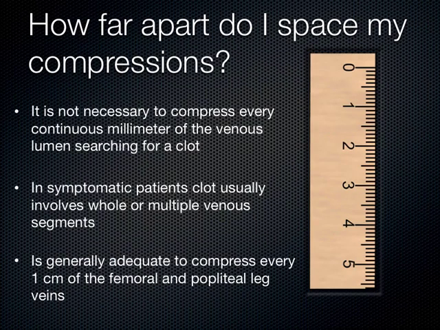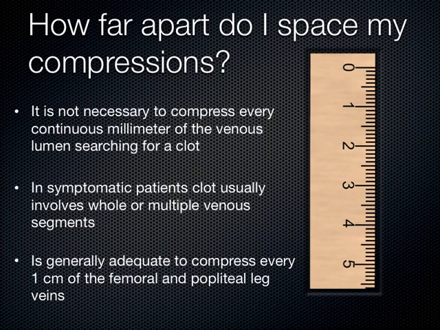So when you go down the leg, you're wondering to yourself, how far apart do I space my compressions? Do I go every single millimeter, or is it okay to skip a centimeter? It turns out it's okay to skip and just do 1 centimeter increments going down the leg. So I start really high up in the inguinal region, at the inguinal canal, as high as I can, where the saphenous vein dumps in, and then I compress and I do 1 centimeter increments down the leg until I'm about halfway down the leg, or until I lose sight of the femoral vein.